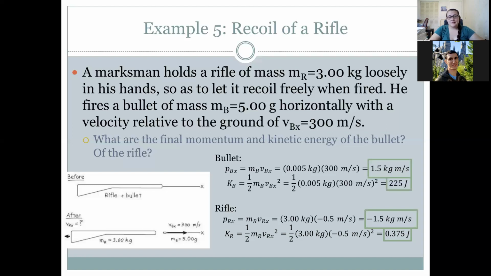Okay, so yes, that's that example. Do you guys have any questions about example number 5, recoil of a rifle? Okay, so not seeing any questions come in, which is great. If you have questions, of course, type them in the chat and I will answer them to the best of my ability.